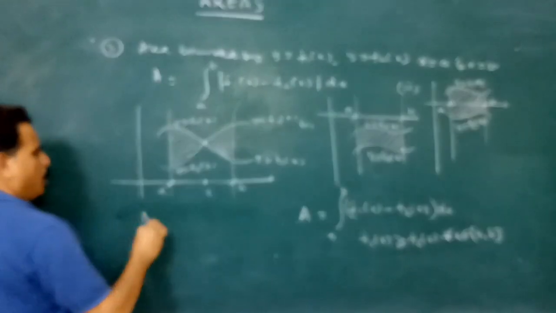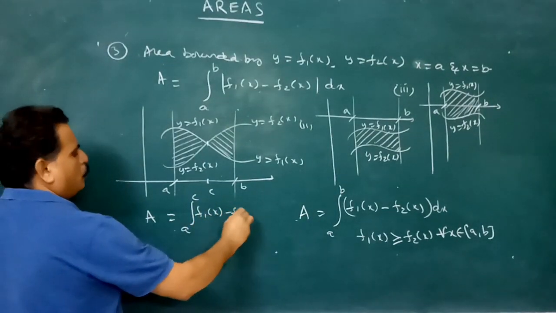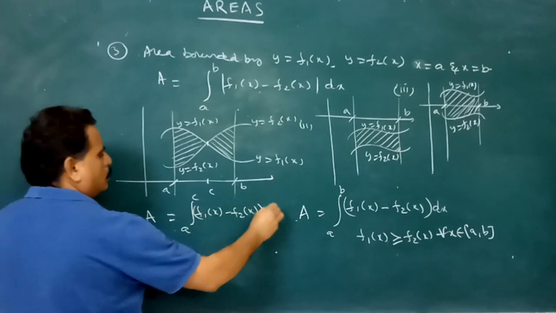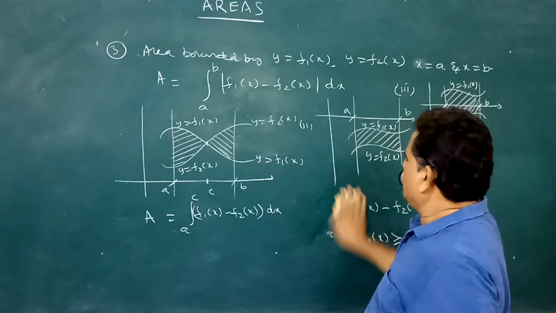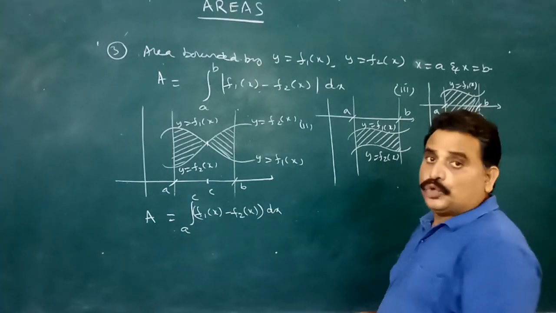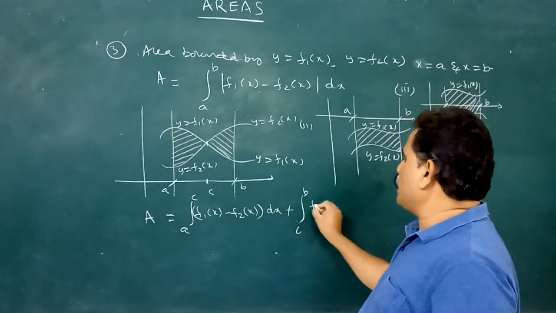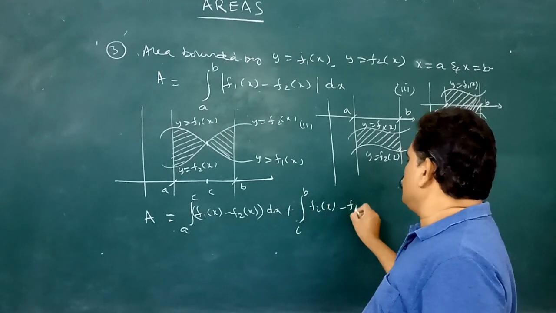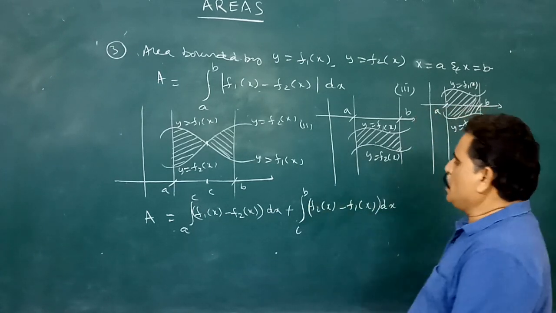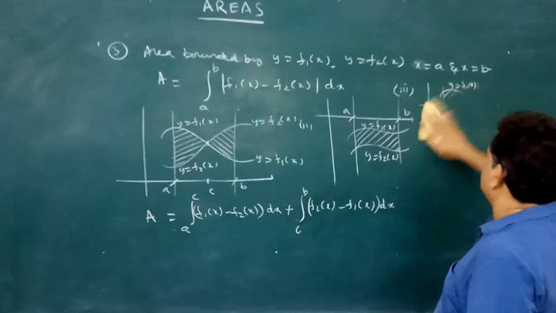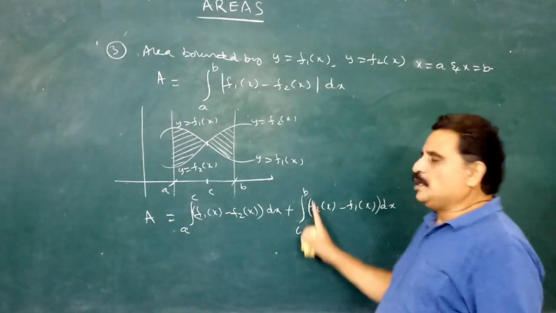Area equals integral from a to c of f1(x) minus f2(x) dx, plus integral from c to b of f2(x) minus f1(x) dx. Because in this case, from a to c the dominating curve is f1(x), and from c to b f2(x) is dominating.